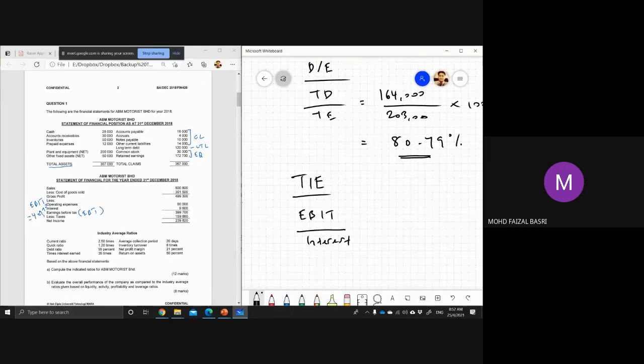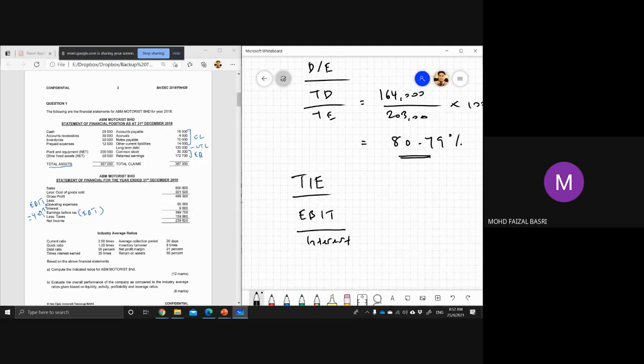Technically, earnings before interest and taxes and interest are just from one row to another. Earnings before interest and taxes is just above interest itself.